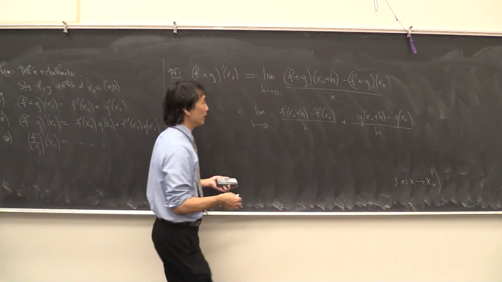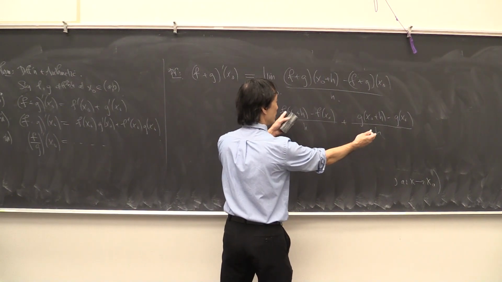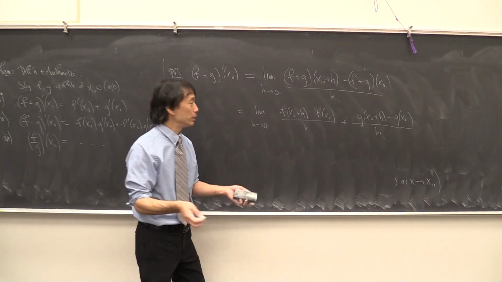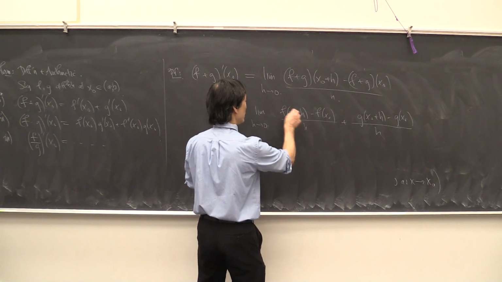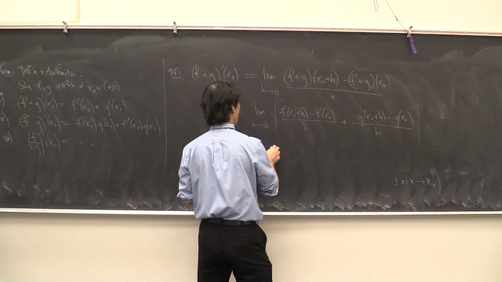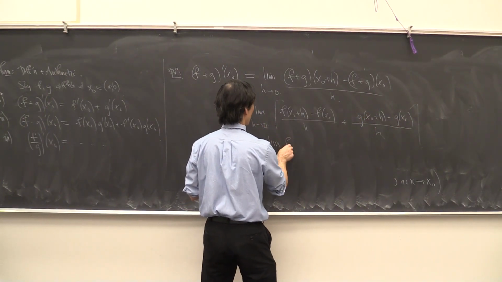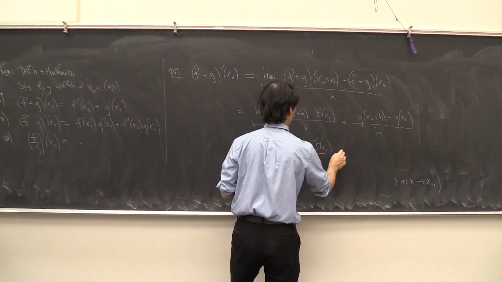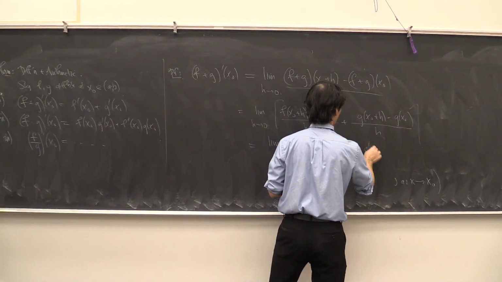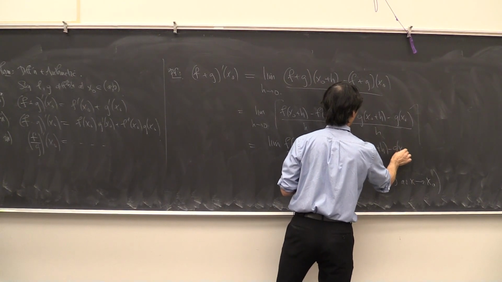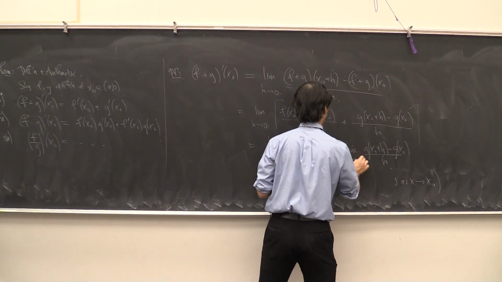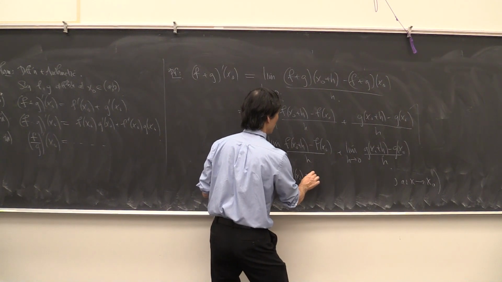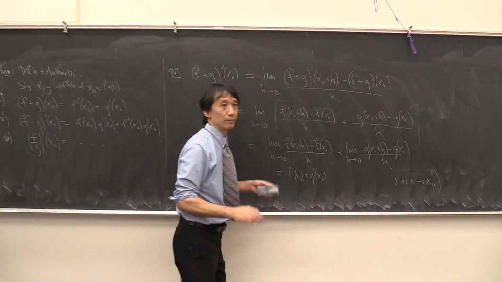Each of these limits exists independently, so I can switch the order, and this thing is equal to the sum of the limits. I know that each of those exists because each of them is differentiable at x naught, and that's it.